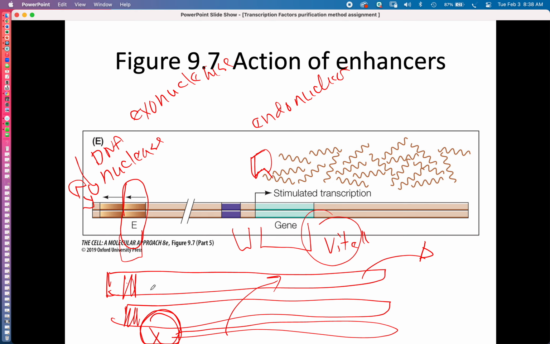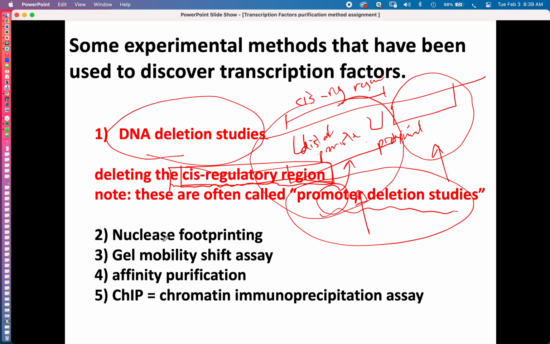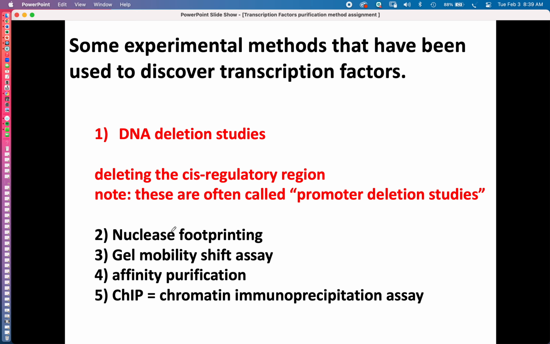So we've mapped the enhancer that makes this vitellogenin gene responsive to estrogen. Great, that's what we're interested in, and now we have a piece of that DNA. So that's the first example: DNA deletion studies, mapping where the enhancer is using deletions.